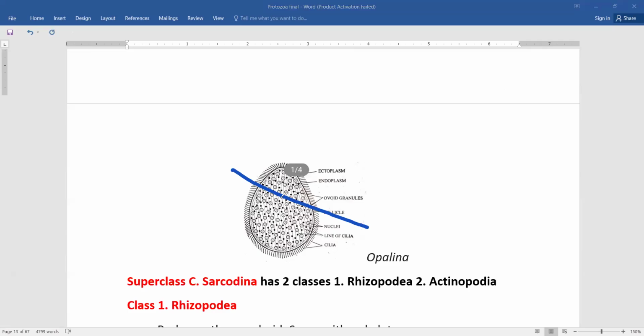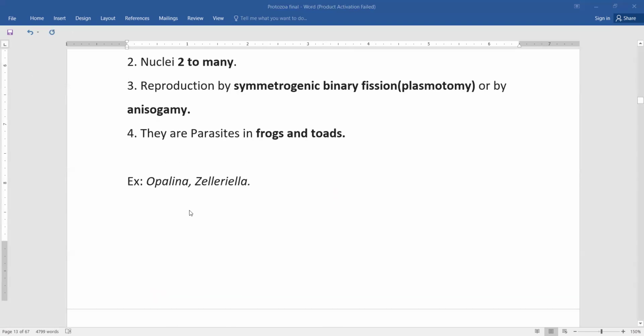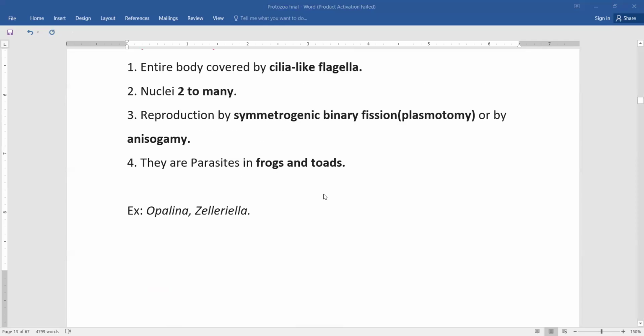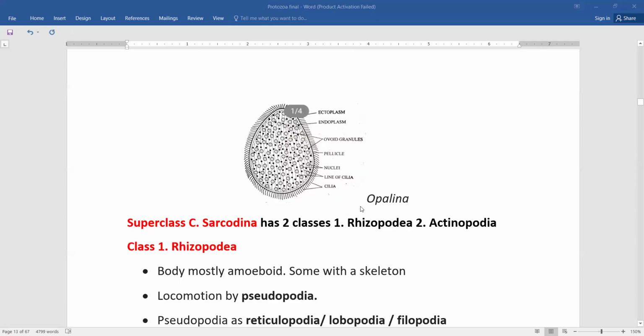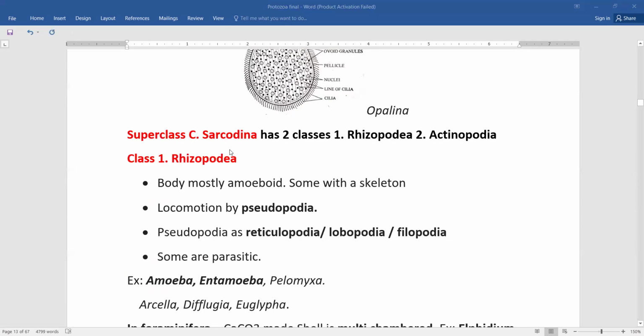In the daughter cells, one contains fewer nuclei and another contains more nuclei. Or in the two resulting daughter cells, the numbers of nuclei are not equal. So anyway, the Opalinata example is Opalina. Okay, so then the third superclass is Sarcodina.